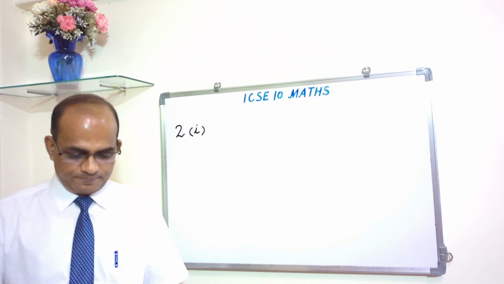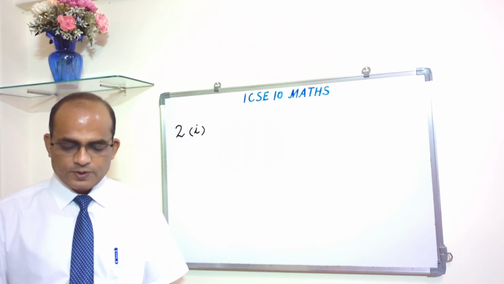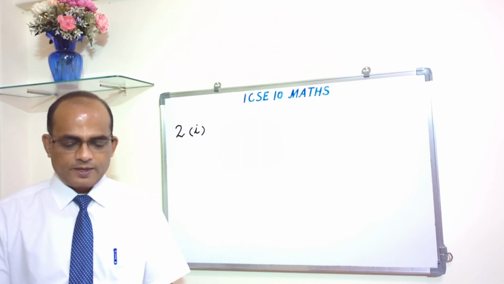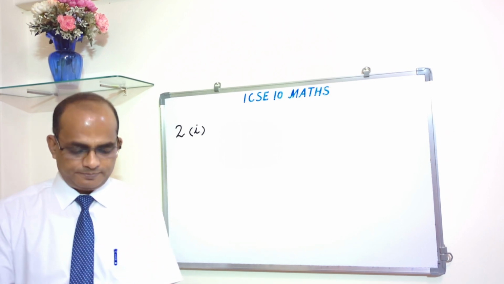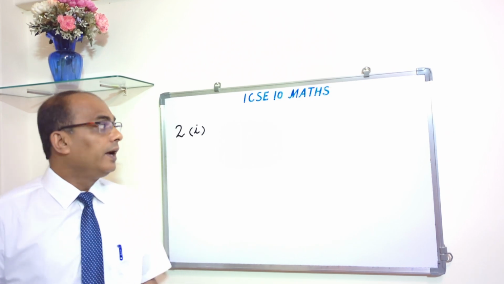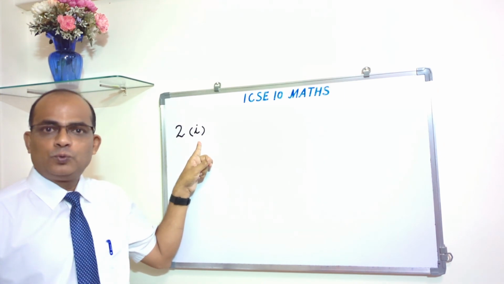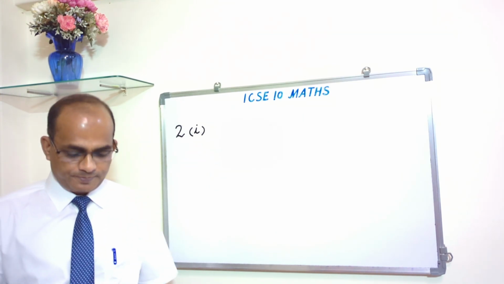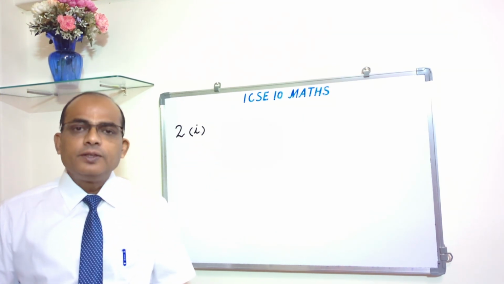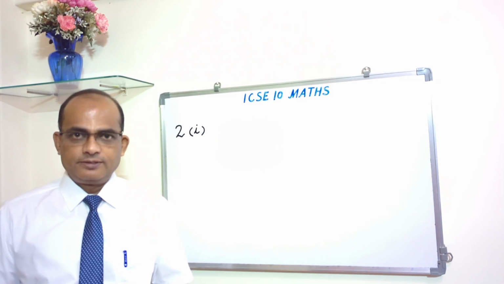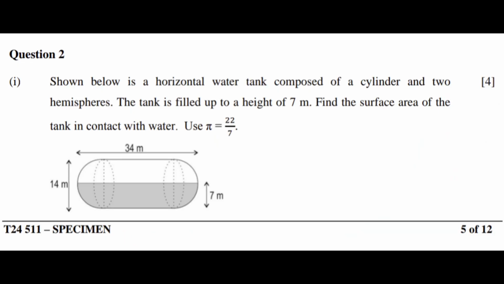Let's start. Second question and first sub question. The question is: shown below is a horizontal water tank composed of a cylinder and 2 hemispheres.